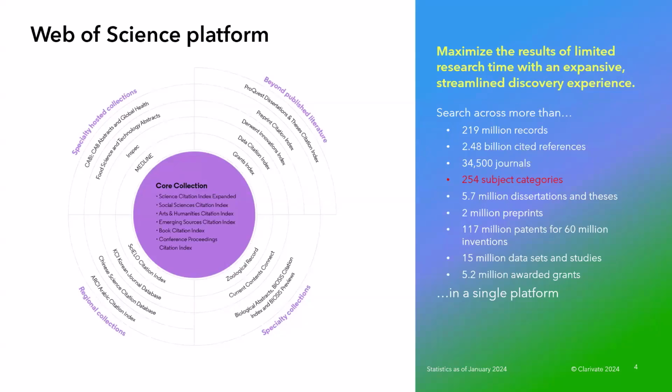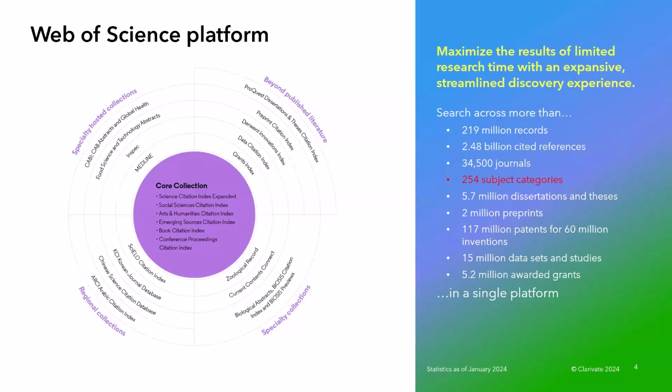The platform is the gateway to access many databases, but what we are focusing on today is the database that forms the nucleus, or effectively the core of the platform, which is the Web of Science Core Collection. That is its official title.